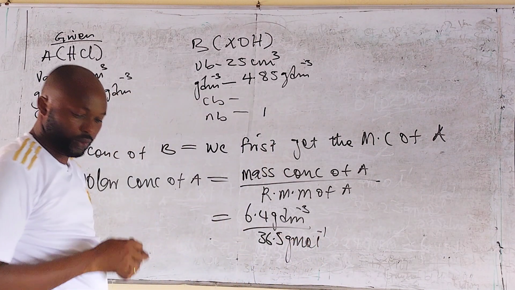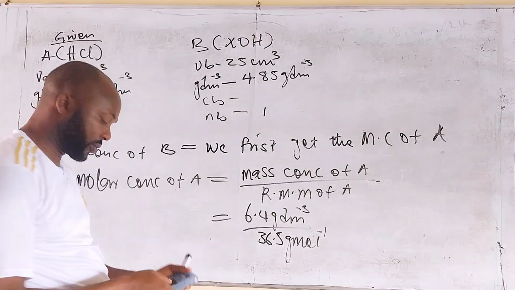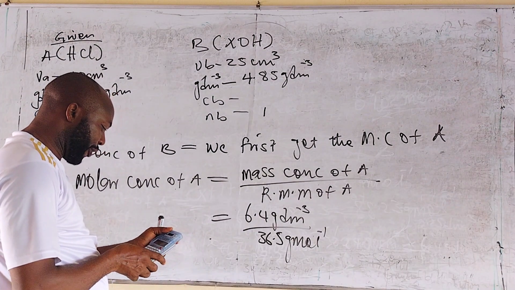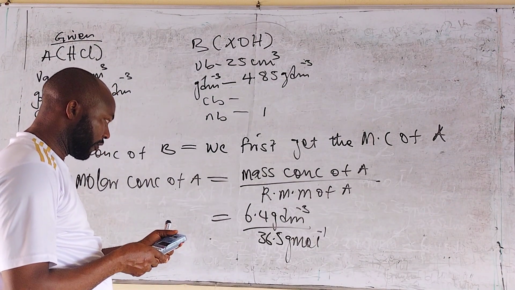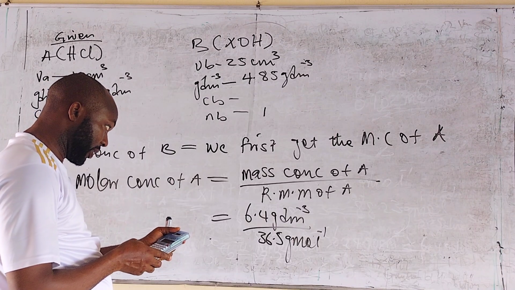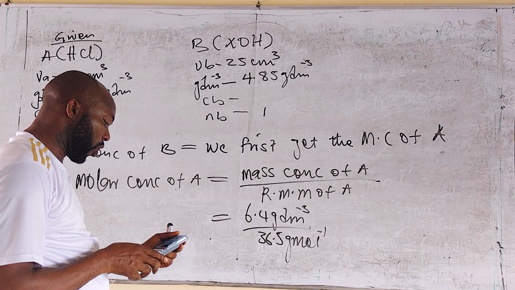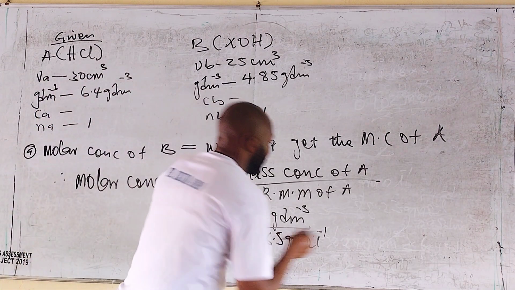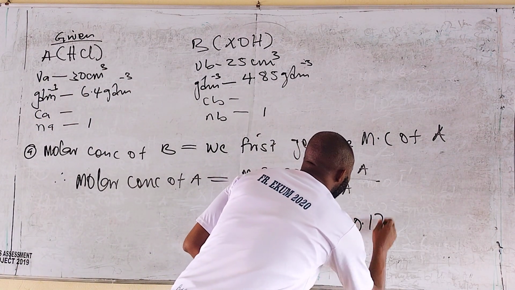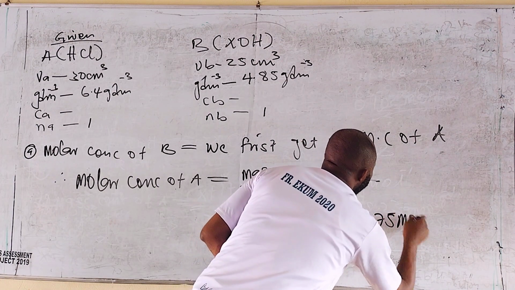That is 6.4 divided by 36.5, which is 0.175. This is 0.175 mol/dm³ of A.